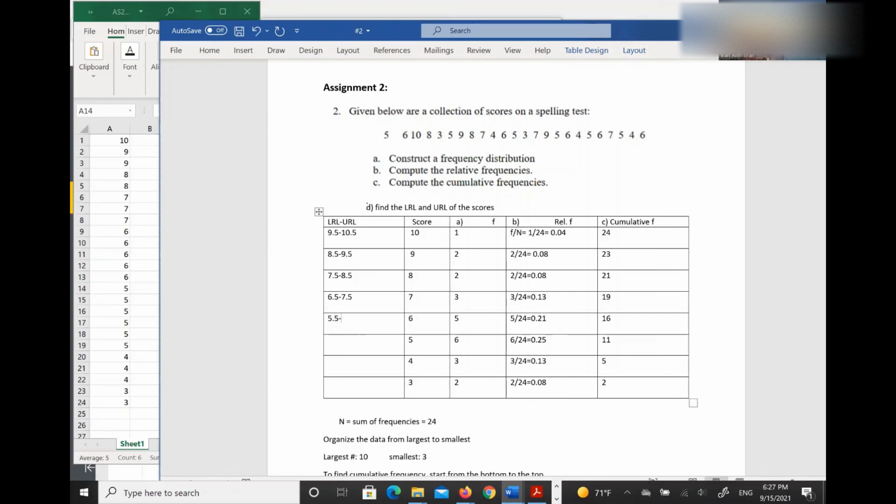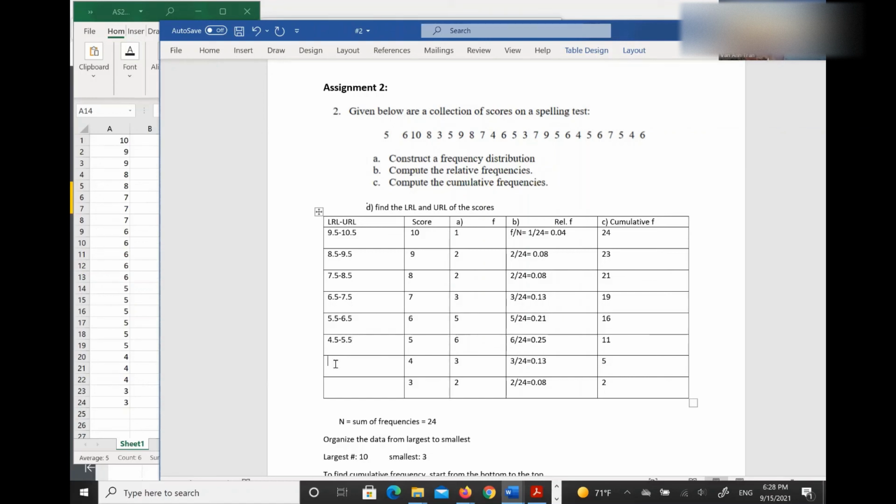And then the next one, everyone. Good. 5.5, good.